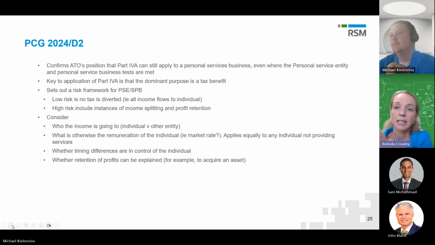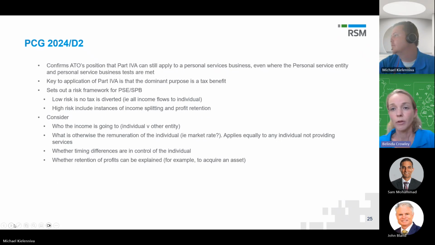Equally, to the extent that remuneration flows to an associate, that is also commensurate with the market value of those services provided. And the 4th factor that indicates low risk is that any deferral of income, so any holding of the income within a corporate structure or a trust, can be explained, either because it's outside the control of the individual, so for example, it might be held within that structure to acquire a new asset.